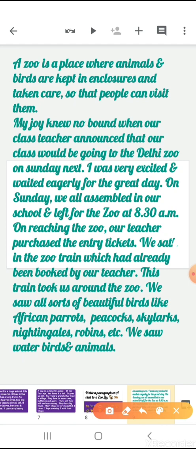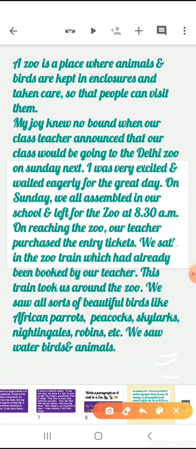We sat in the zoo train which had already been booked by our teacher. This train took us around the zoo.